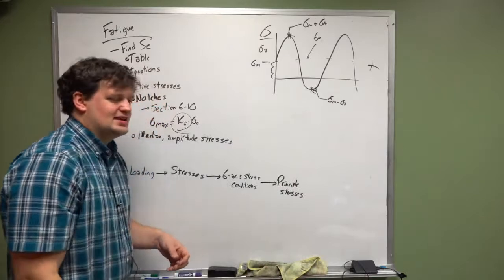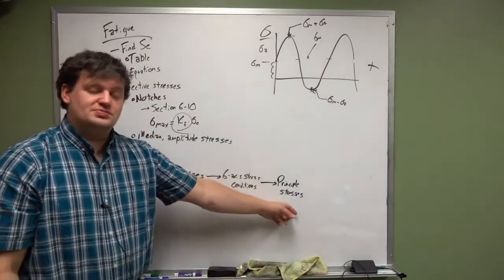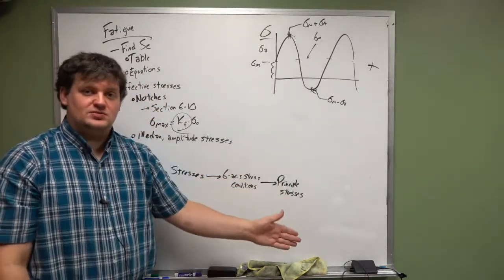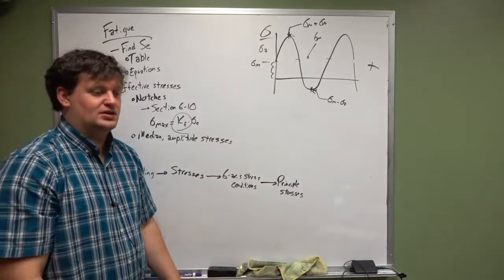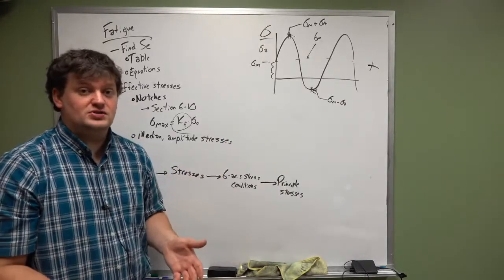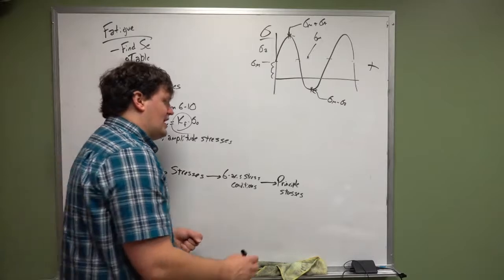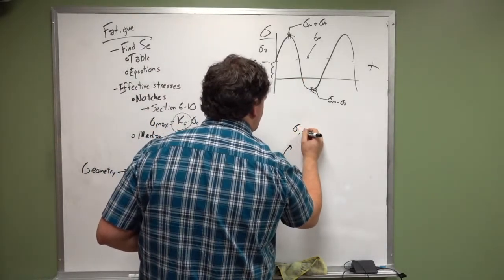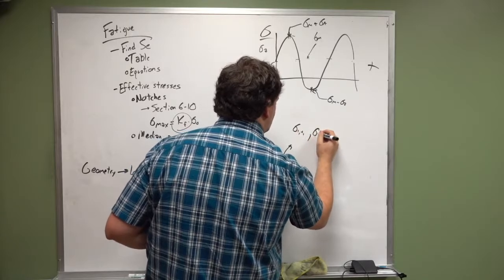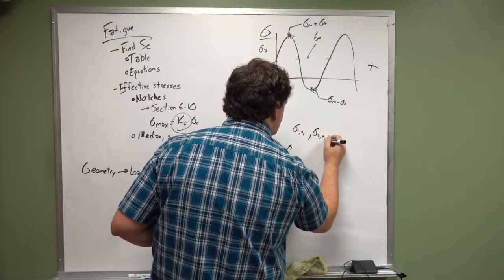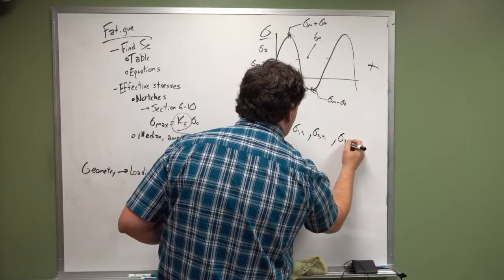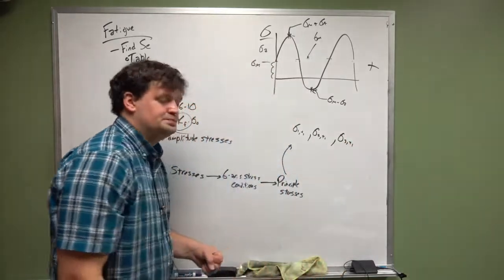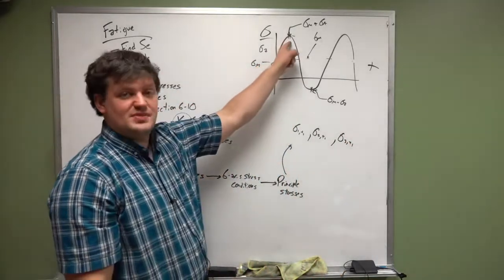Just like last time, you arrange these principal stresses so that it's sigma 1, sigma 2, sigma 3. Now you have sigma 1, sigma 2, sigma 3 for one time t. So you have sigma 1 at t1, sigma 2 at t1, sigma 3 at t1, where t1 is maybe a maximum.